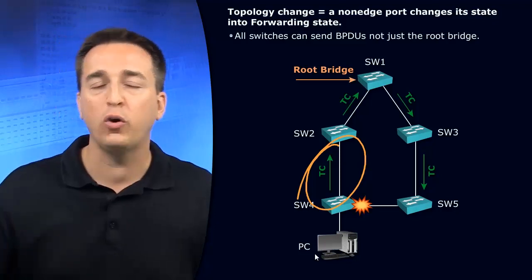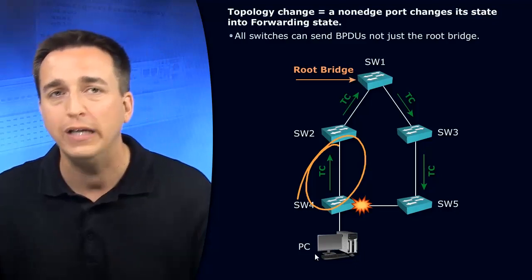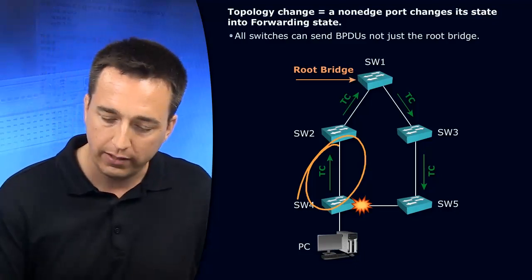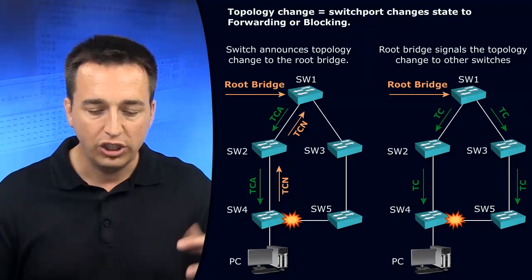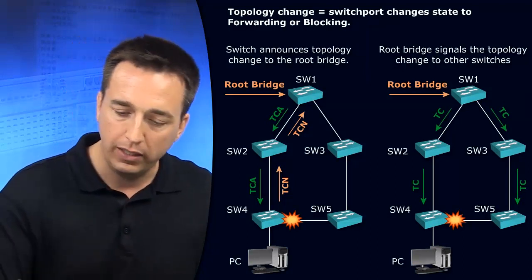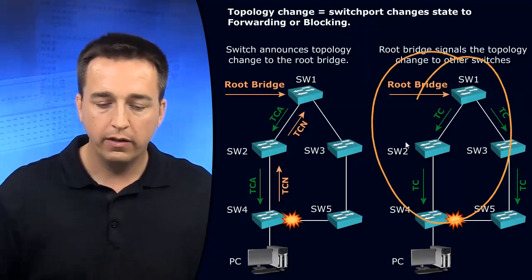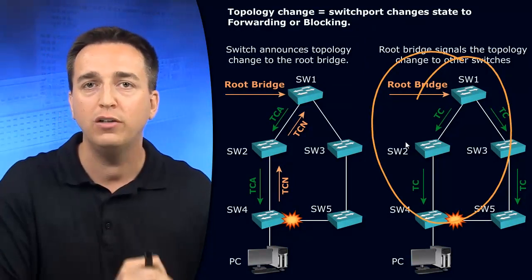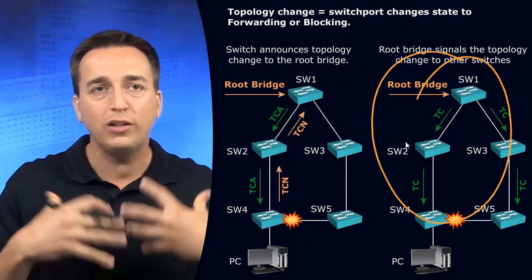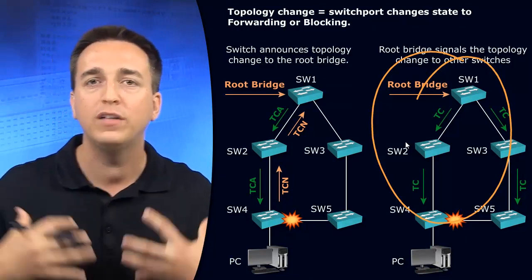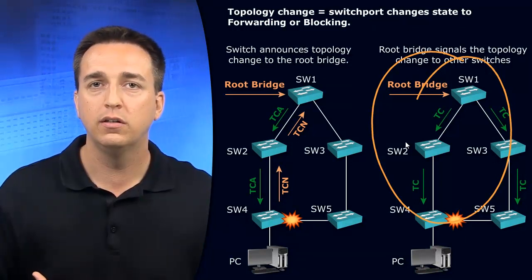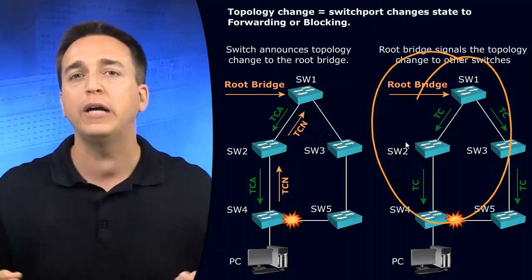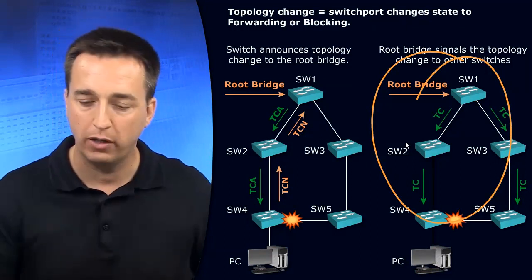With Spanning Tree Protocol, it's only the root bridge that is able to generate these topology change BPDUs, as we see right here. Through the use of topology change notifications and the topology change acknowledgements, the root bridge is being notified of the change.